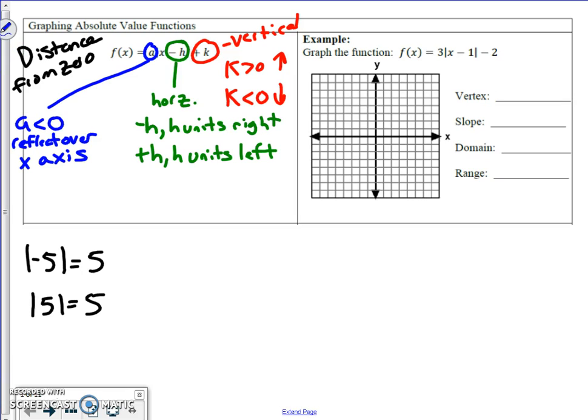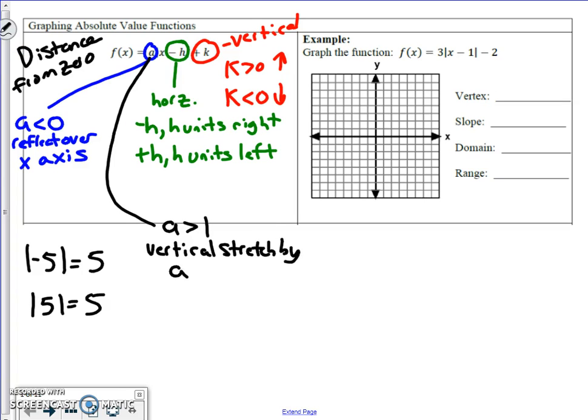Other things about a is also when a is greater than 1, we have a vertical stretch by a. And when a is between 0 and 1, we have a vertical compression by the value of a.